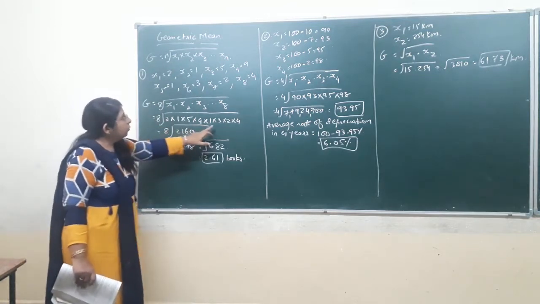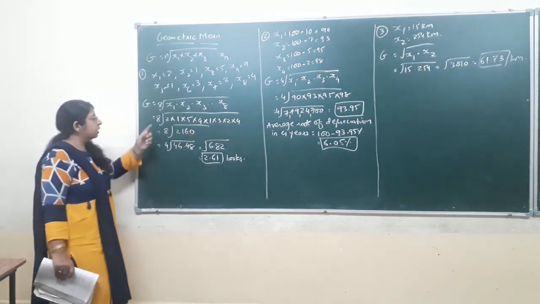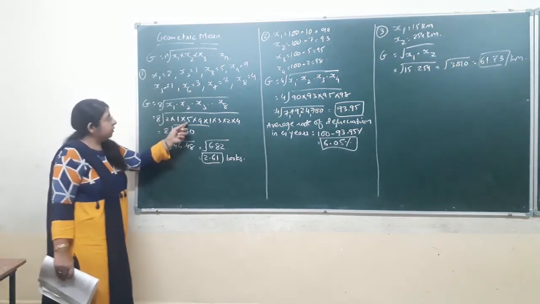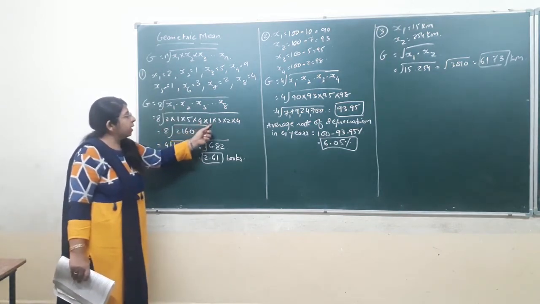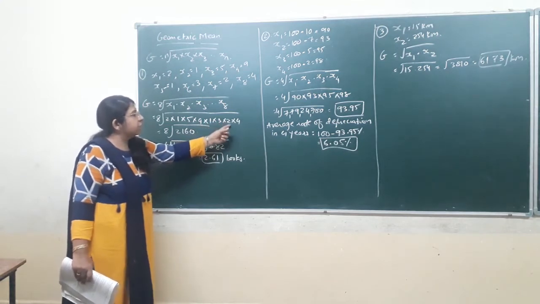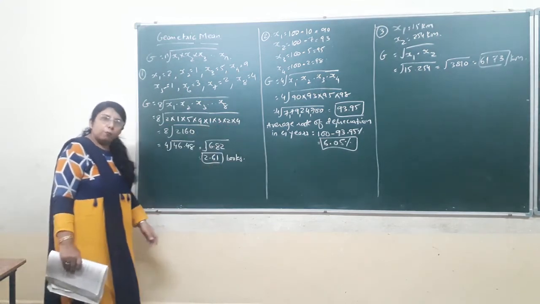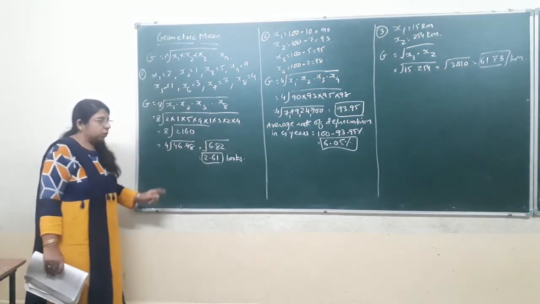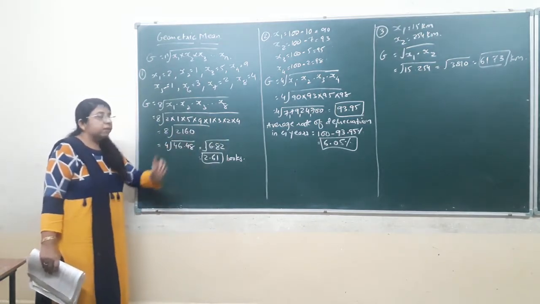Inside are the values of the books read by those 8 students: x1 is 2, x2 is 1, x3 is 5, x4 is 9, x5 is 1, x6 is 3, x7 is 2, and x8 is 4. Now doing the multiplication of all these 8 values, you will get 2160.